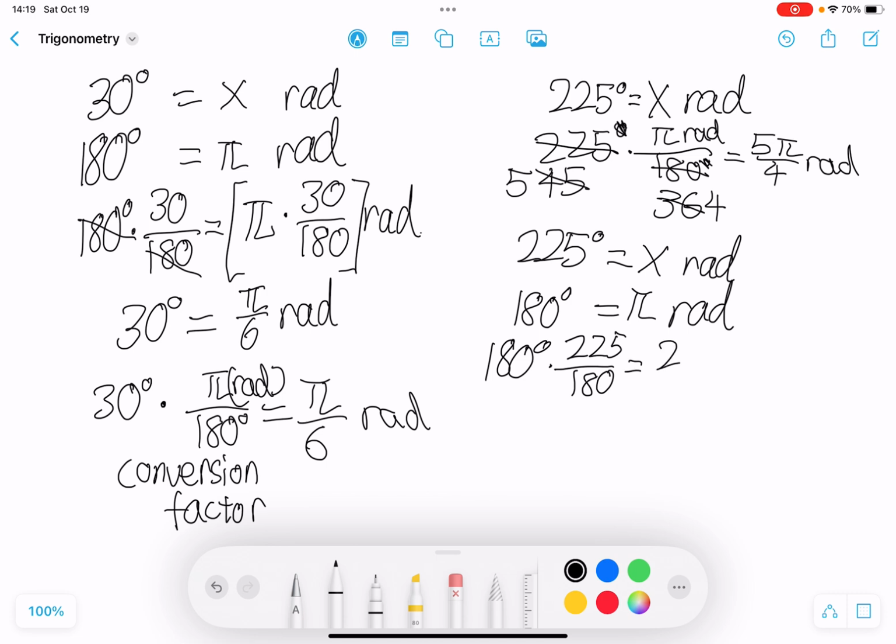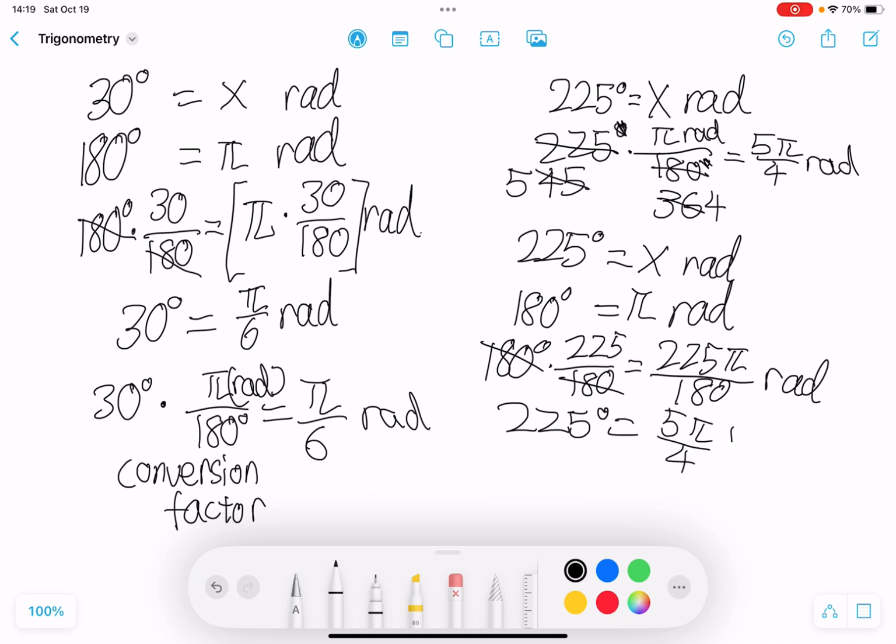So you do the same thing on the right hand side, so you have 225 pi over 180 radians. This is actually just the answer, but you have to simplify the fraction, which is why this is not the final answer. So the 180s cancel out. Notice the unit does not, because there's no unit in our fraction. So 225 degrees is equal to, if you simplify this fraction, 5 pi over 4 radians. So the same thing.